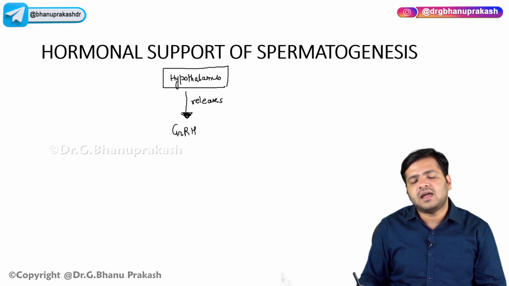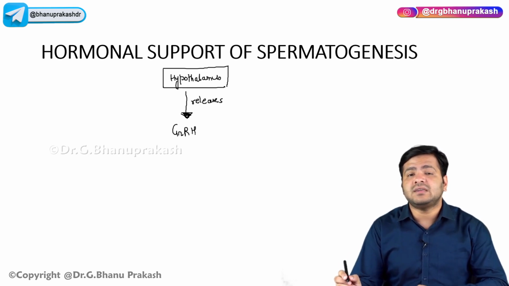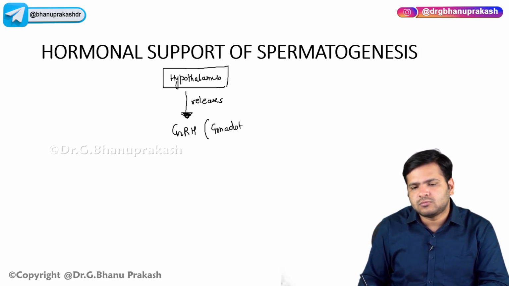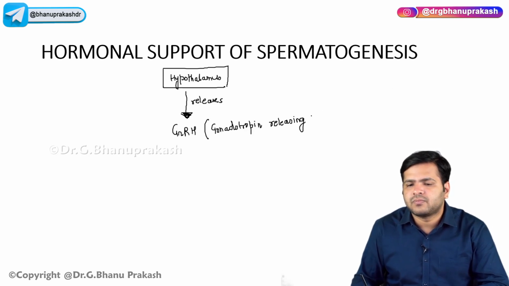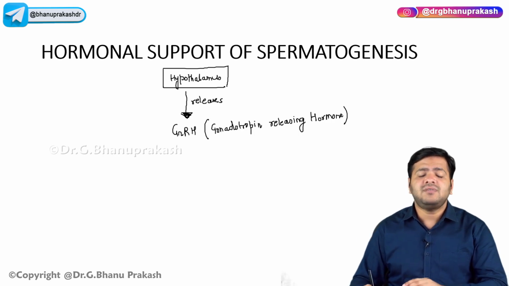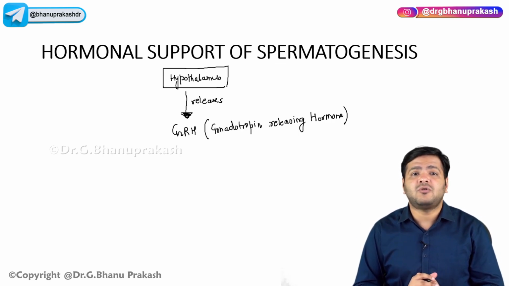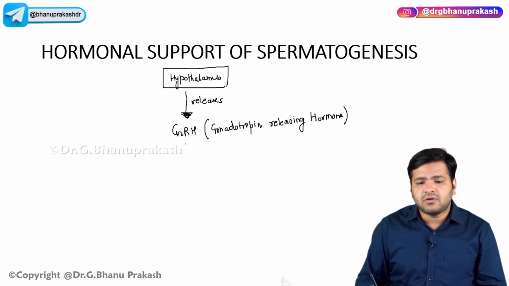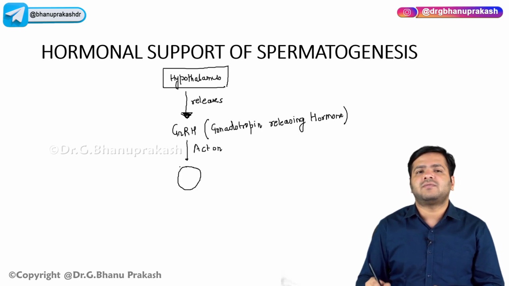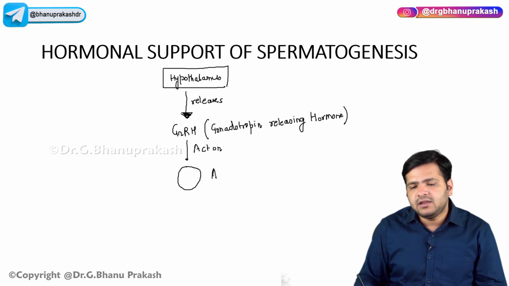GnRH stands for gonadotropin releasing hormone, right? This hypothalamus, which is releasing the gonadotropin releasing hormone, will act on the anterior pituitary.